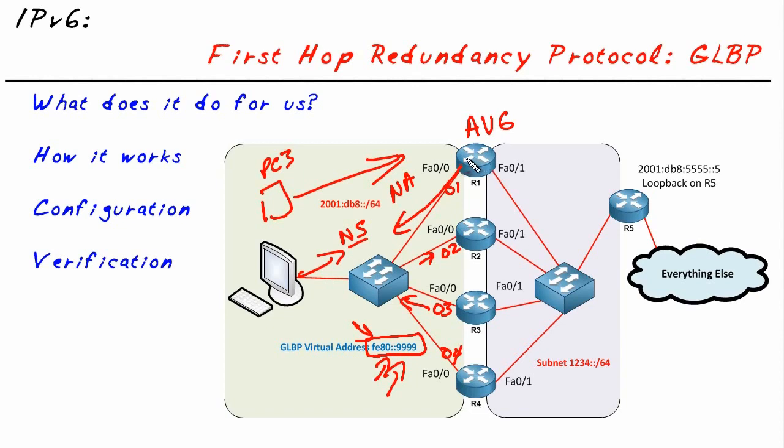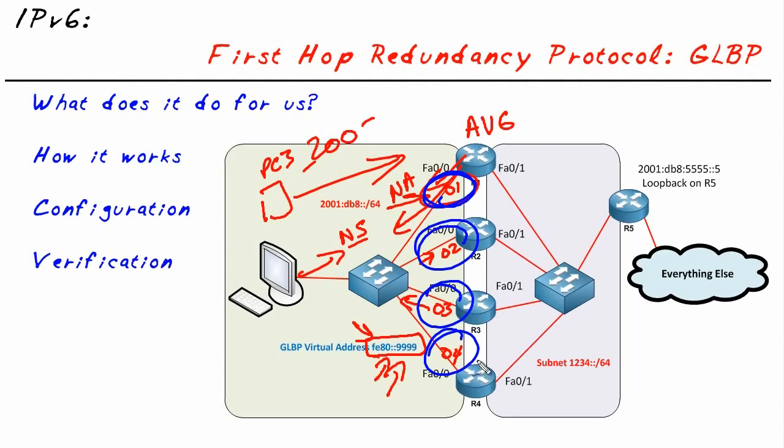So when the active virtual gateway hands out the MAC addresses, it's doing round robin by default. So if I have 200 clients and they all came online, 50 of them would think this was the MAC address of the default gateway. 50 of them would think it's this, 50 this, and 50 this. And that way we could do load distribution or load balancing, hence the term Gateway Load Balancing Protocol, across all of the devices.